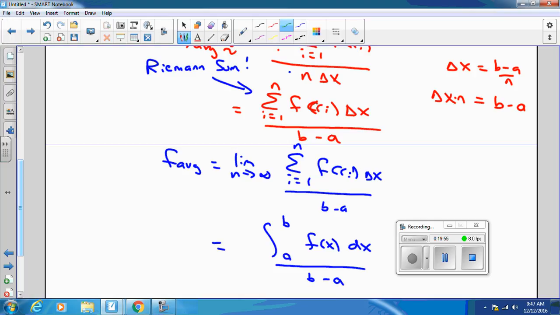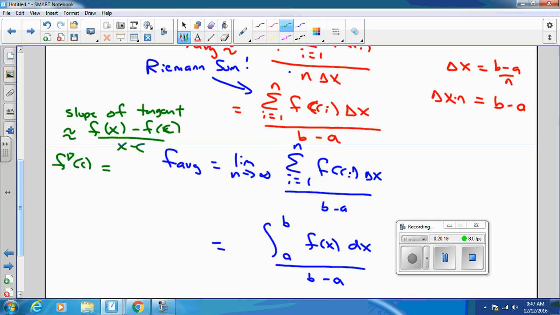So this is very closely allied to what we did all the way back with derivatives. We said that the slope of the tangent line was approximately equal to the difference quotient, (f of x minus f of c) over (x minus c). And then we took the amount of error away by appealing to the limit.